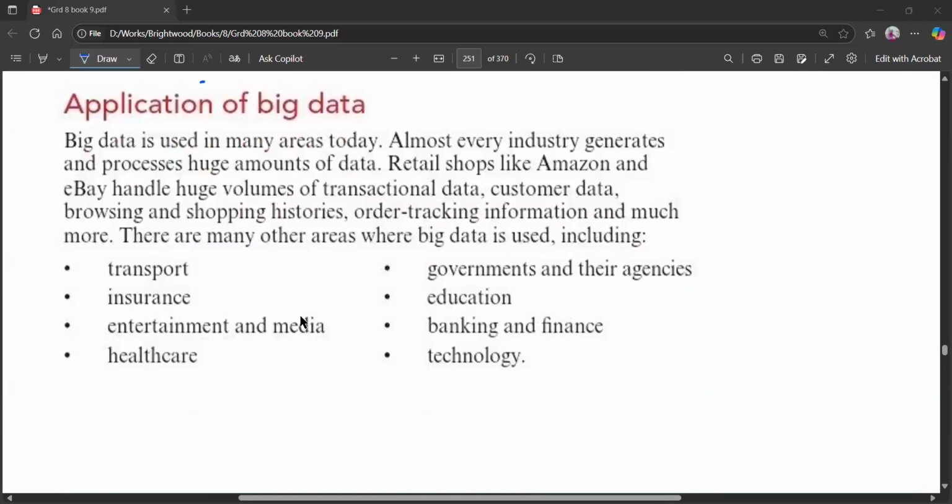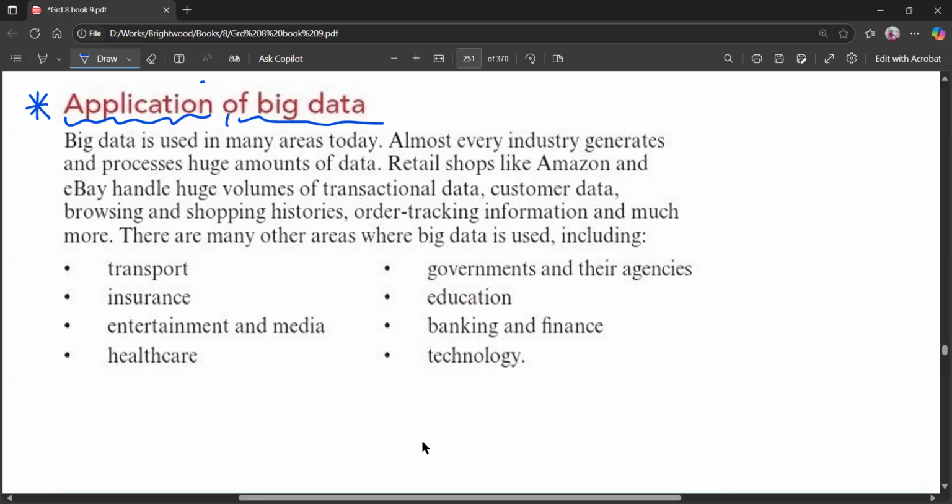And the next thing, the applications of big data. I think you have some idea now regarding big data. In the modern world, big data is used in many fields. Almost every industry generates and processes a huge amount of data, so they have to use big data.